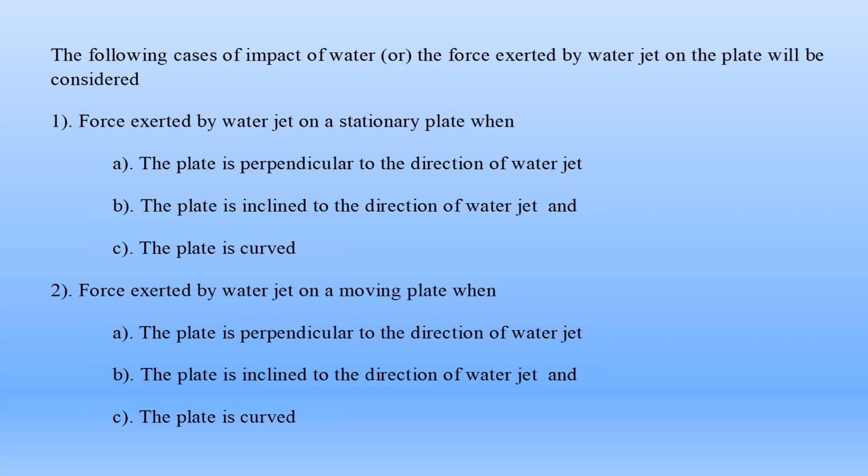In that, we again have three cases. First, the metal plate is a flat plate perpendicular to the direction of the water jet. Second, the metal plate is a flat plate inclined to the direction of the water jet.